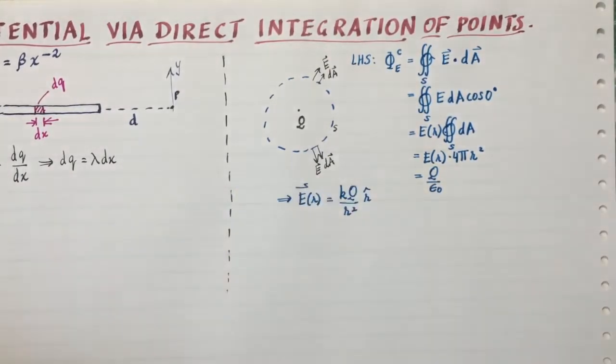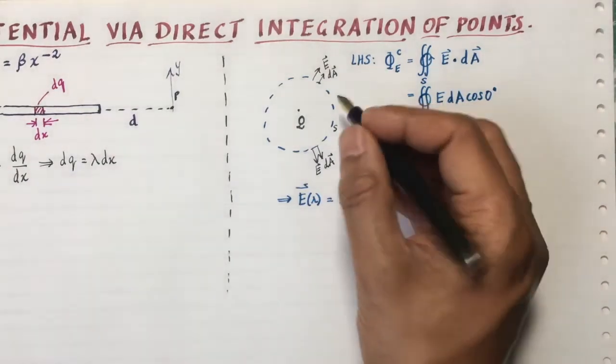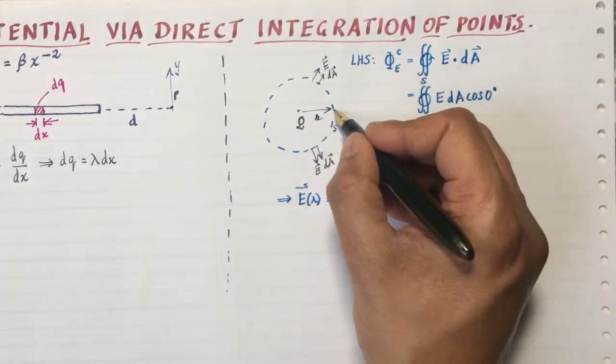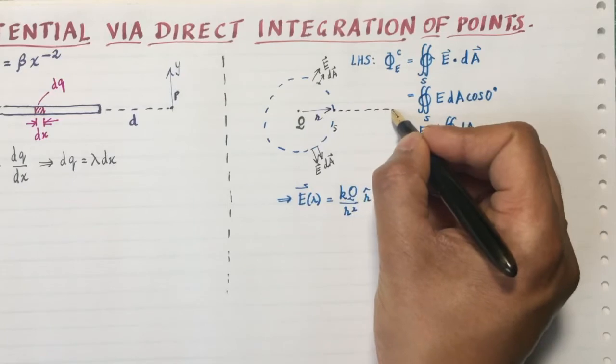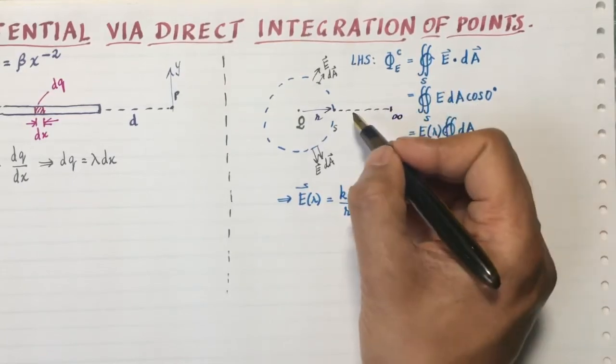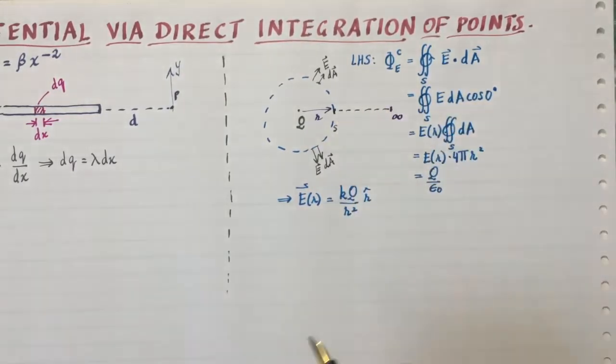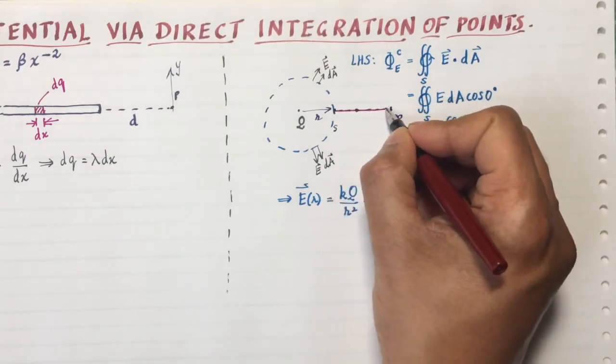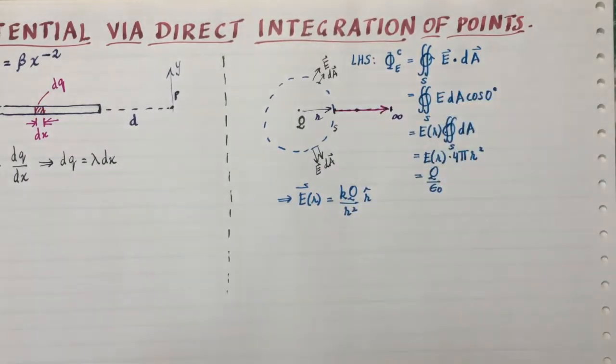Now once you have the electric field for all of space, you can actually find the potential difference between any point, let's say r, because the Gaussian surface radius is r, and infinity. So that's a pretty short distance to infinity. Now what I'm going to do here is choose a path of integration from this Gaussian surface all the way to infinity. And that'll be our potential difference.